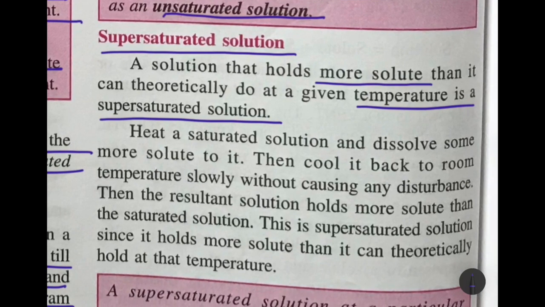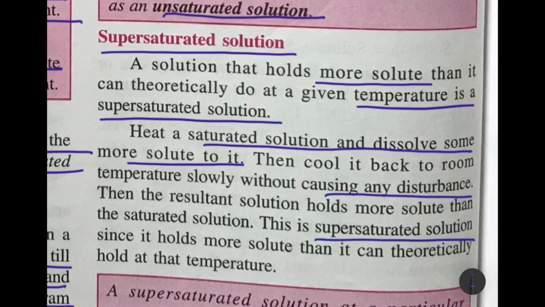So when we heat a saturated solution and dissolve some more solute in it, then we cool it back to room temperature without causing any disturbance, then the resultant solution holds more solute than the saturated solution, if the extra solute does not come out as crystals. This solution is known as a supersaturated solution because it holds more solute than it can theoretically hold at that temperature.